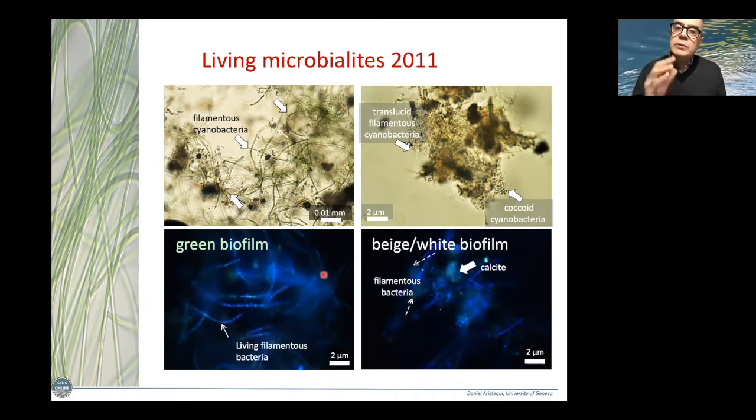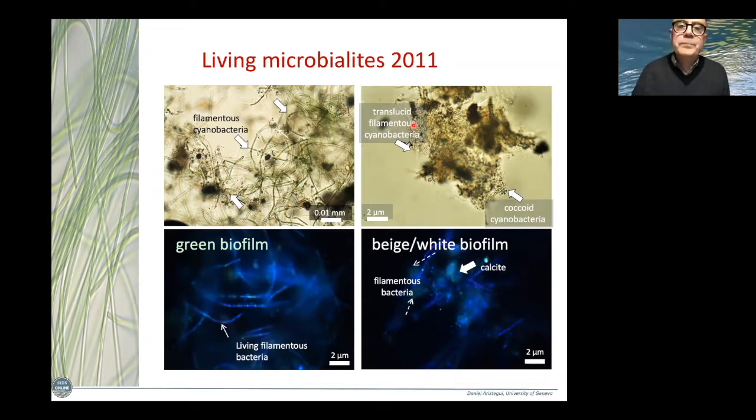When we go to the beige or white biofilm in the lowermost part, it is mostly formed by translucid filamentous cyanobacteria. There are also some coccoid cyanobacteria, but we have a lot more mineral phases, that is, again, low magnesium calcite.